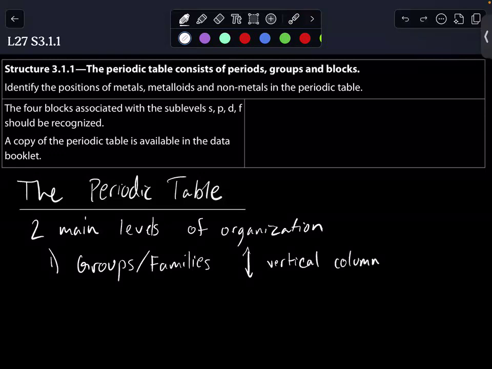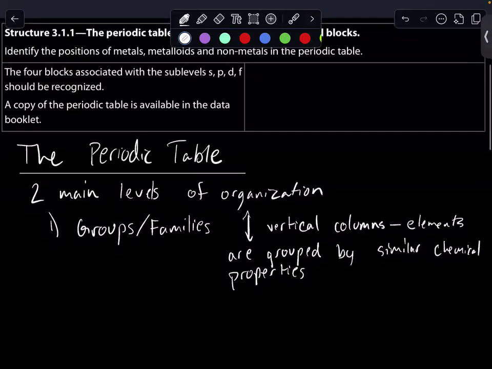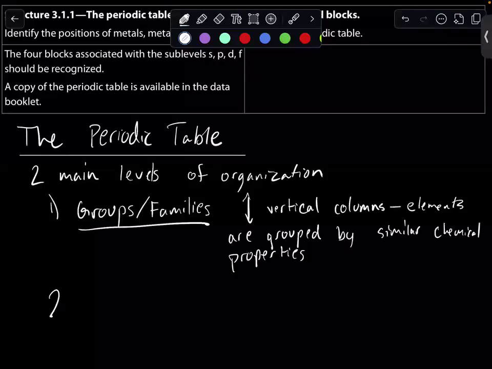And what makes them so important is that these elements are grouped by similar properties, specifically similar chemical properties. Now, we'll go into a little more depth about that, but it's good to know that groups and families do share those similar properties.